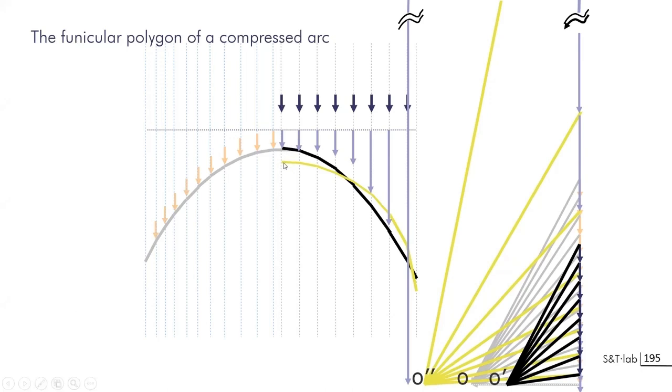You have the arc of circle in yellow, you have a parabola in black, and you have a funicular, a true funicular with the distributed load, as a gray system. You can see here which are the systems of force, and you can see that it's quite easy to equate with loading.